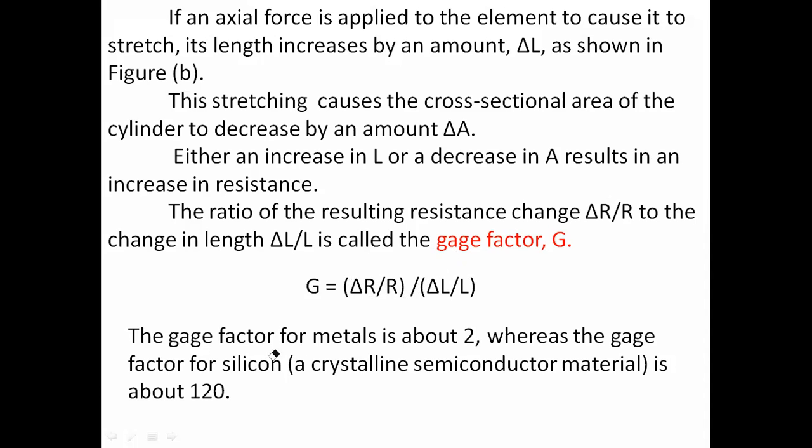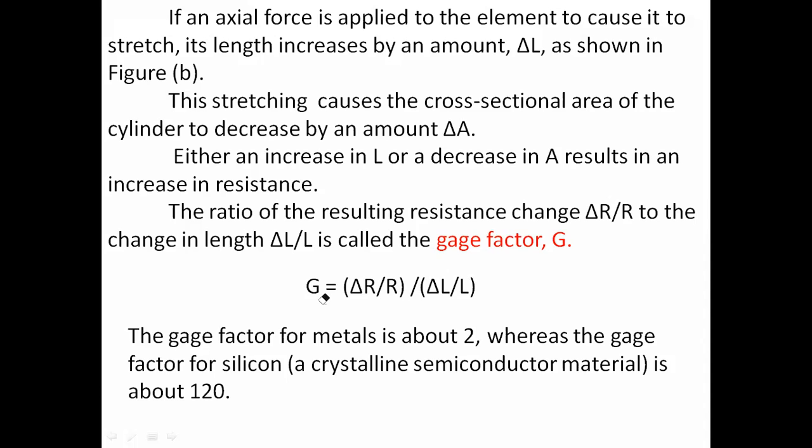Generally the gauge factor of metals is 2, and for semiconductors it is around 120. That's why for manufacturing of strain gauges, semiconductor materials are generally used. In this case, the gauge factor should be maximum.